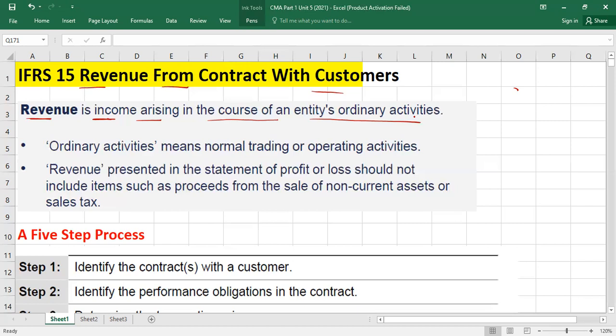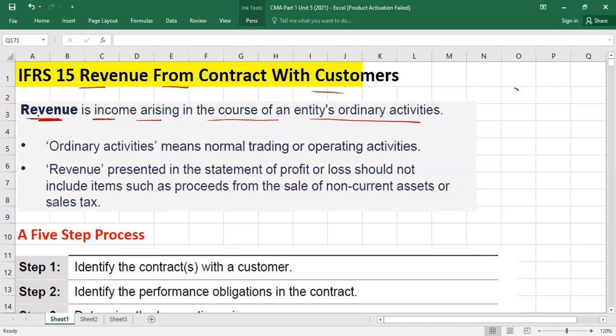For example, if you are running a grocery store or supermarket, your ordinary activities are selling grocery-related items to the customer. Whatever money you receive, or have a right to receive, against the sale of grocery items becomes your revenue. Understood?